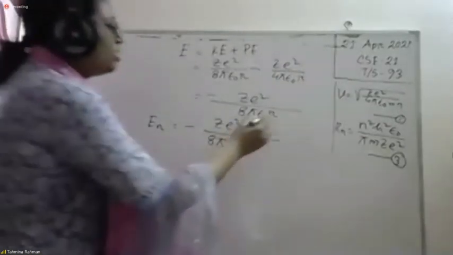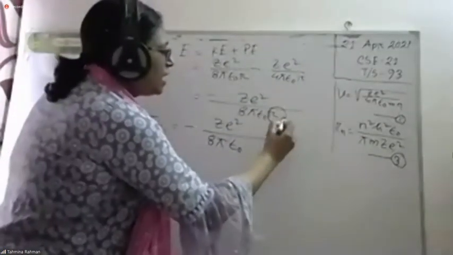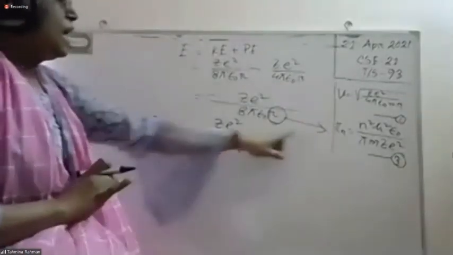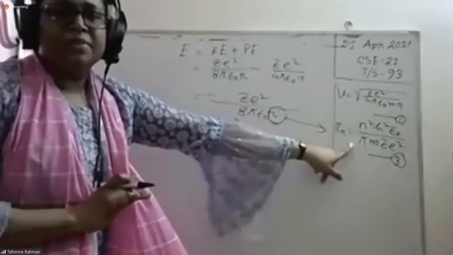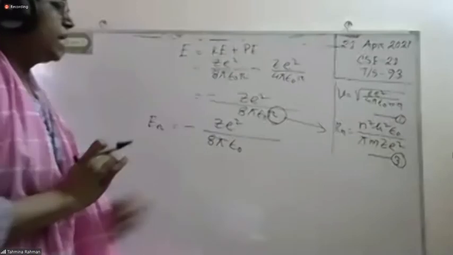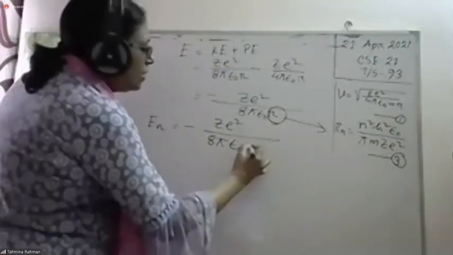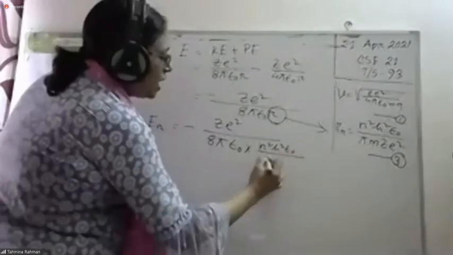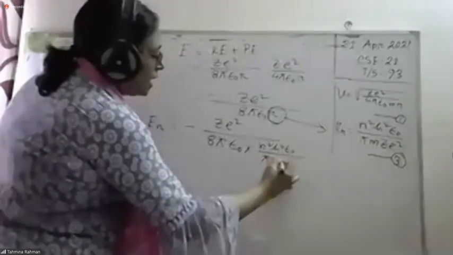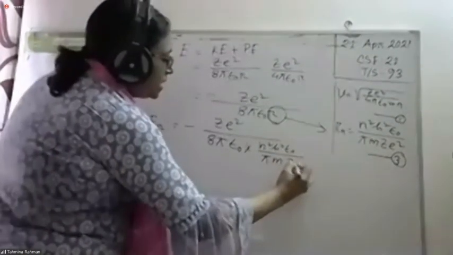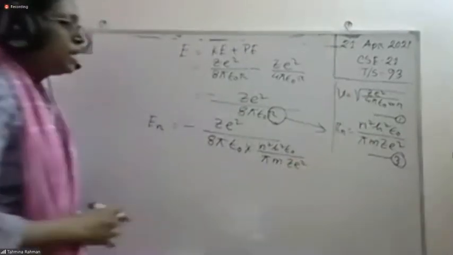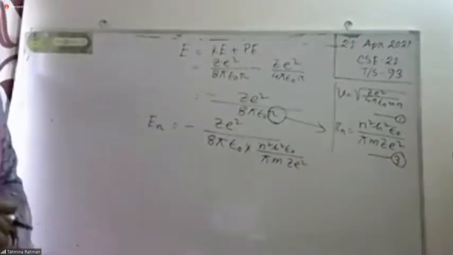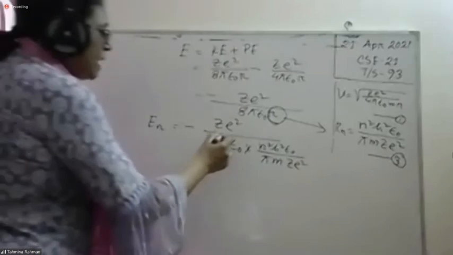What do we have to do? This r value, from this equation number 3 we will put it here. So what do we get? 8 square epsilon naught divided by pi m Z e square, right? Now look, next pi and pi cancel.